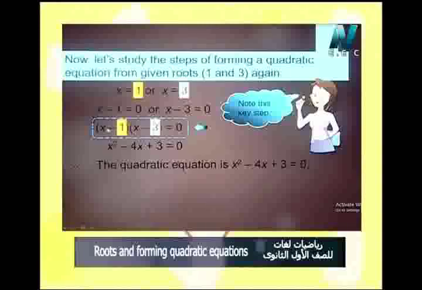And if we multiply x by x, it will be x power 2. x times negative 3 will be negative 3x. Negative 1 multiplied by x equals negative 1x, and the sum equals negative 4x. And negative 1 multiplied by negative 3, the answer will be positive 3.